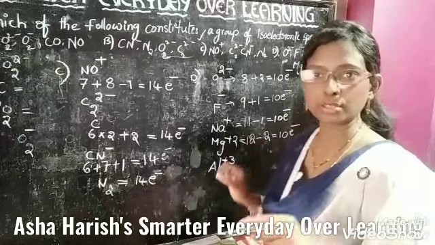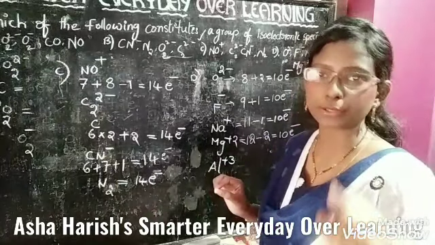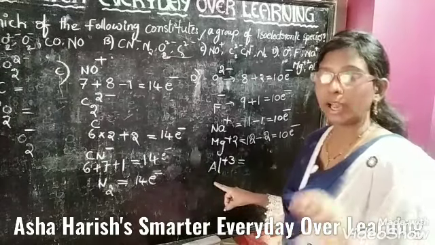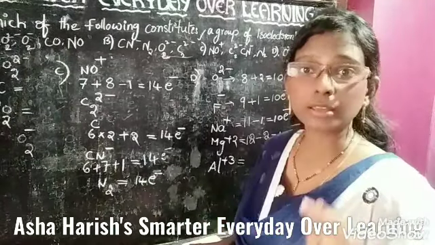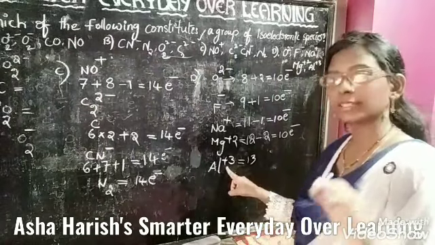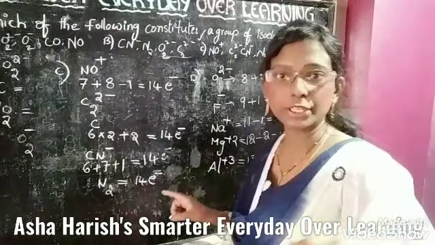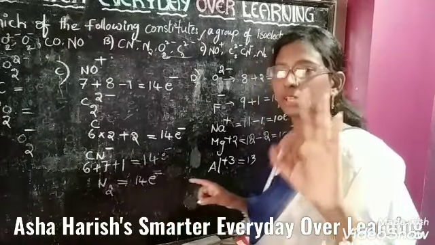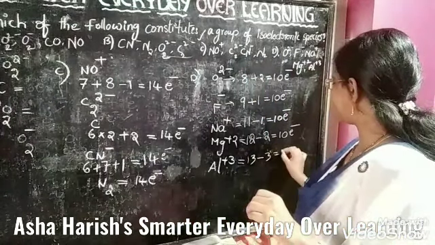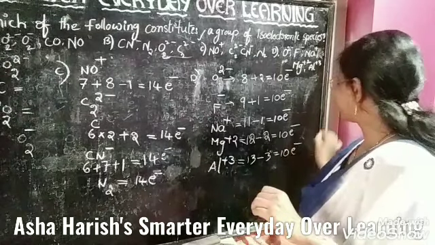Then finally we got 10 electrons for Mg plus 2 also. And students, for aluminium plus 3, aluminium atomic number is 13, and here plus 3 is there, so we need to remove 3 electrons, minus 3, then the number is 10 students.